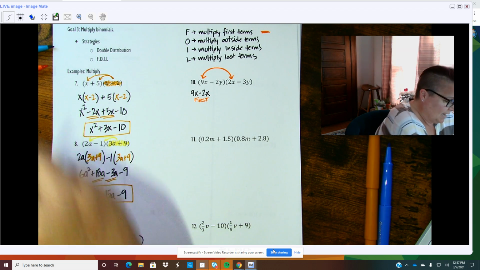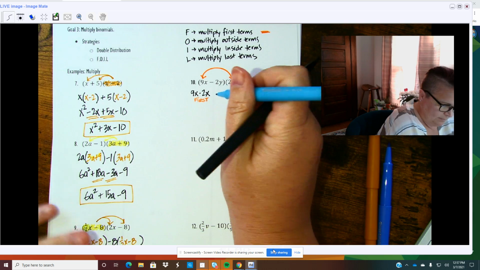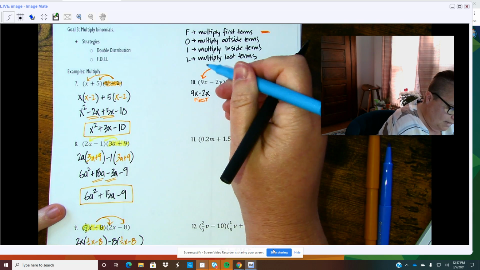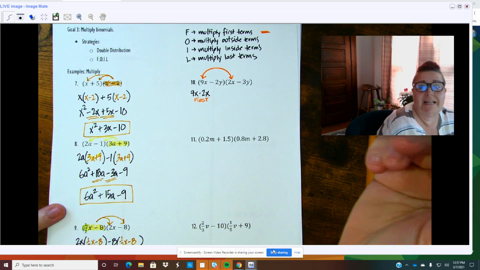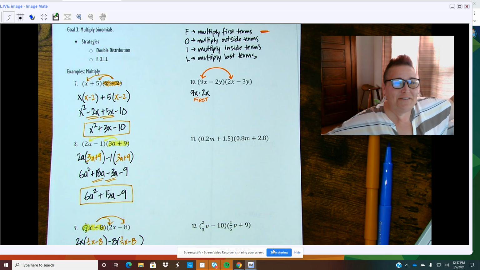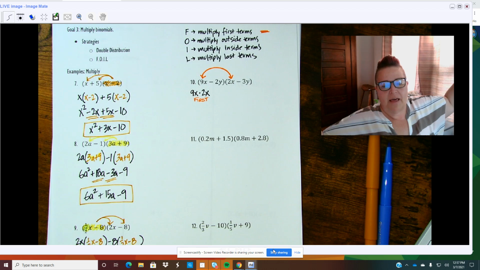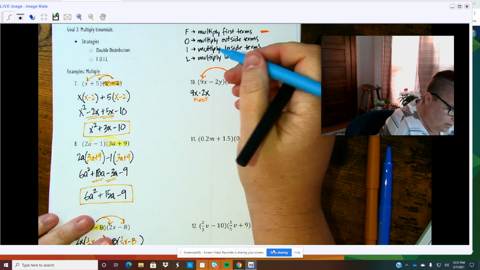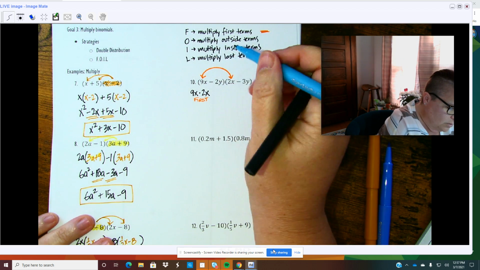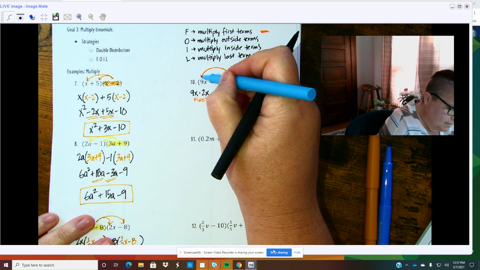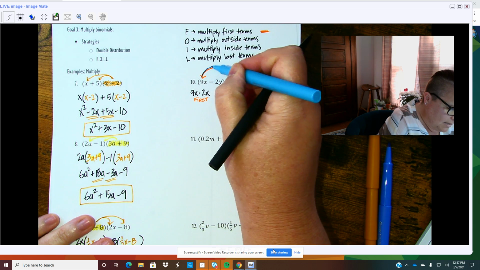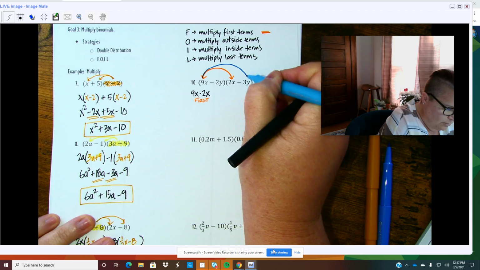Then we want to do the outside terms. So the outside terms are the penguins that get cold. They're the terms that made no sense to you, only to me. But the outside terms are the ones on the furthest outside. So that would be the 9x, and the other term on the outside is the 3y.